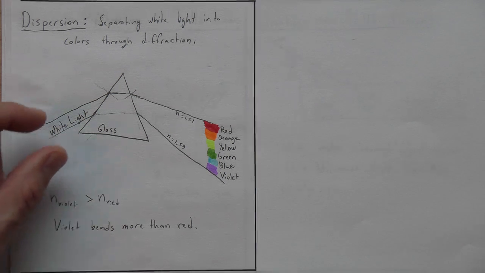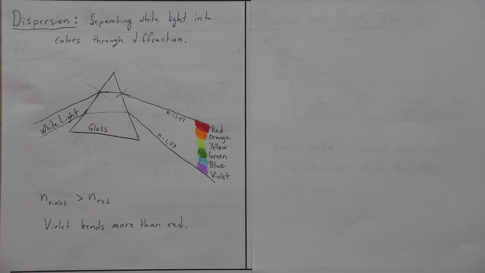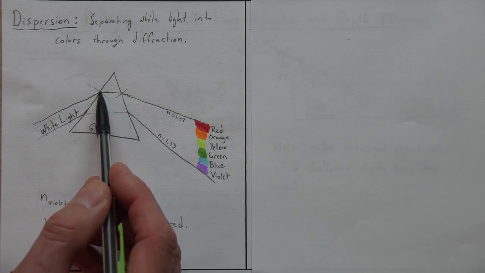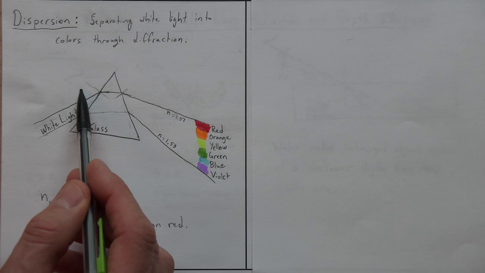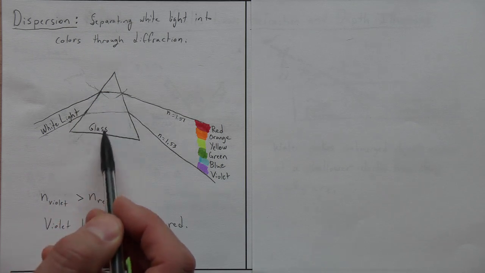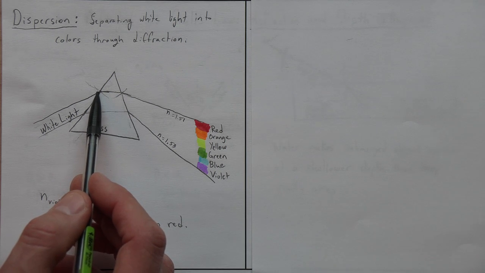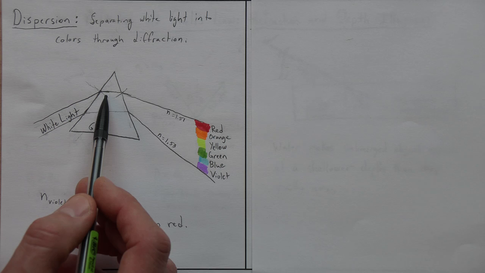So this white light comes in, and I have a piece of glass that's a triangular shape like that. It hits the glass. Now look at this ray, right here. It hits, and here's the normal. Because we go from low index air to high index, maybe 1.6 or 1.5, whatever kind of glass it is, instead of going straight, we bend a little toward the normal.